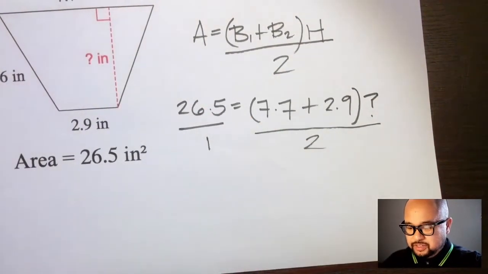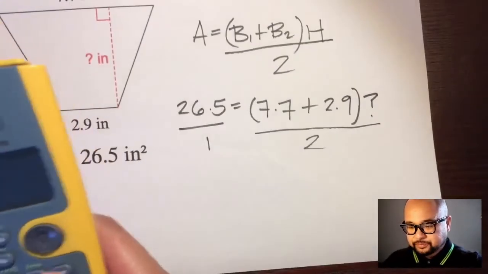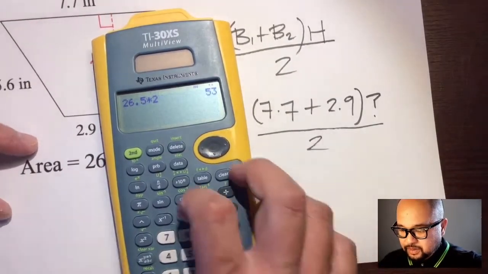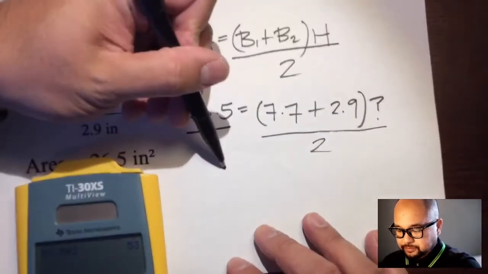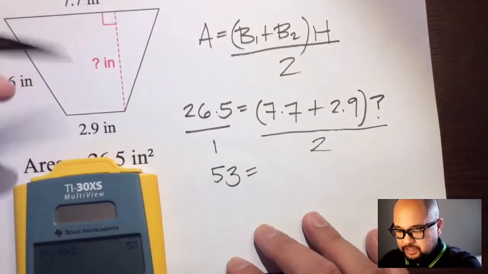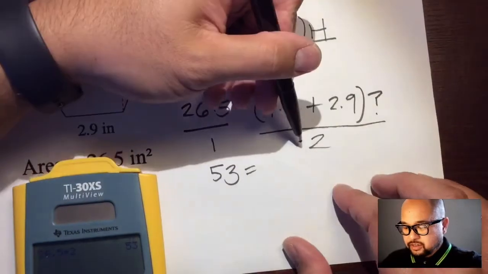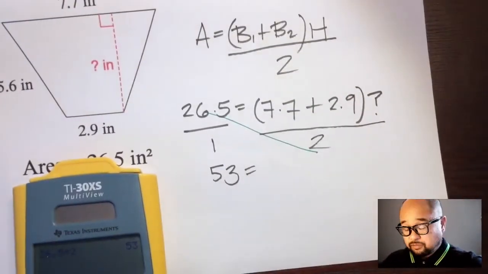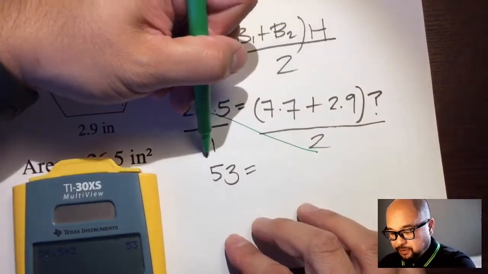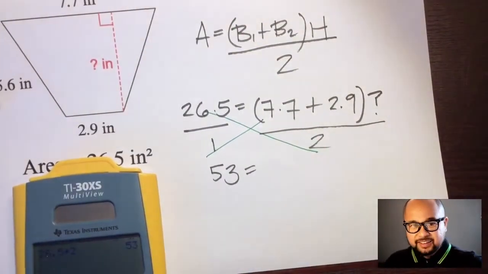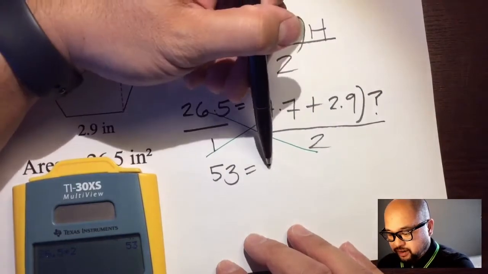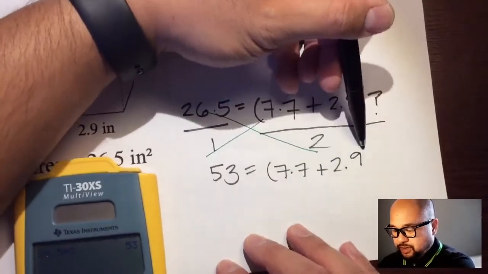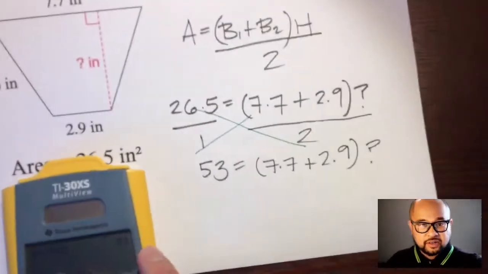2 times 26.5. 26.5 times 2 is 53, is equal to, so this times this, let's use our red pens, or green pens, so 2 times that is 53, and then 1 times that is just that, which is 7.7 plus 2.9 times question mark.